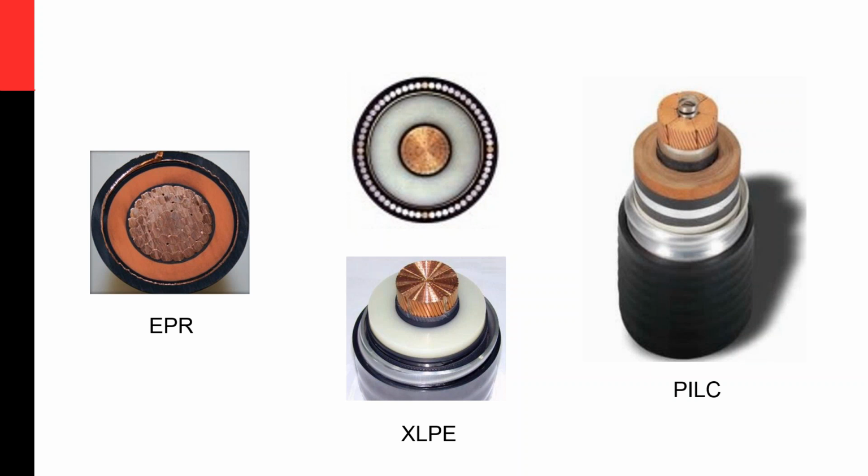It's a completely different type of constructing an insulation, while on the left this is actual solid dielectric. The PILC is layers of paper impregnated with oil, and fault location on those cables is much different. And these cables are typically used in downtown networks, while the plastic cables, the extruded cables, are typically used in so-called URD systems, or in general in just standard distribution systems.